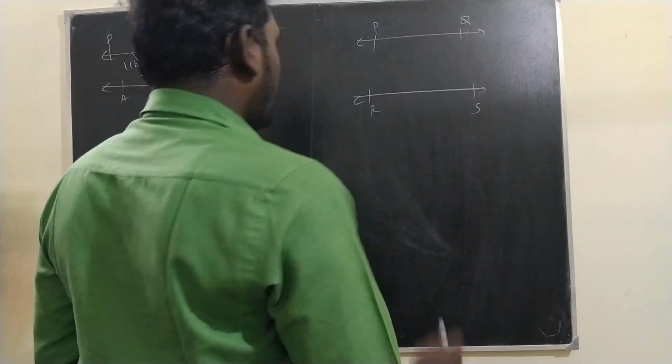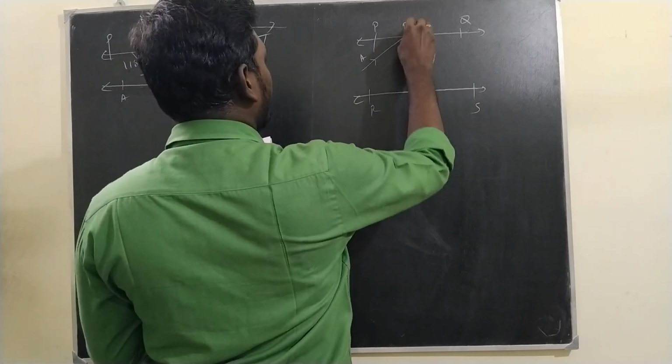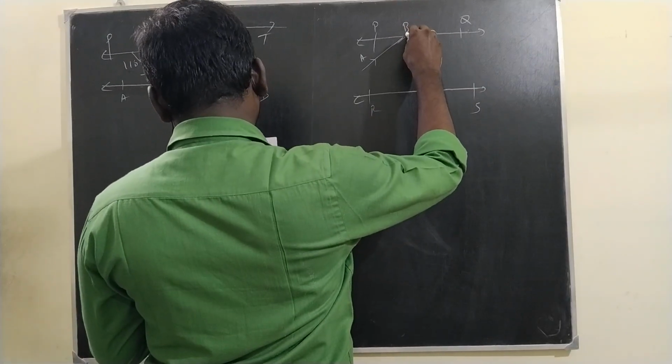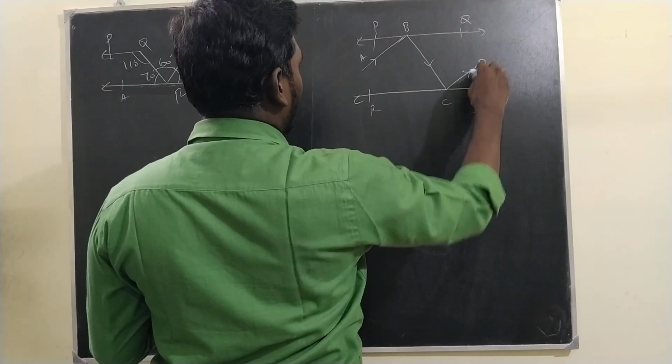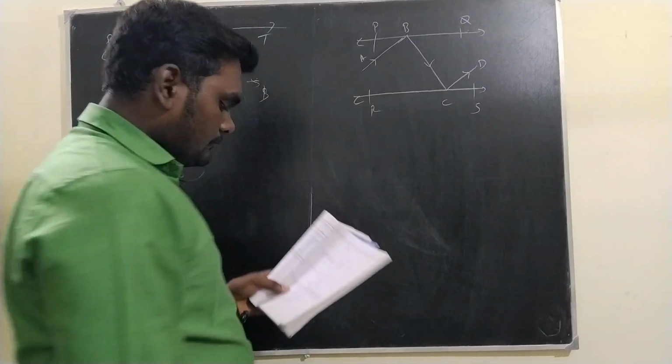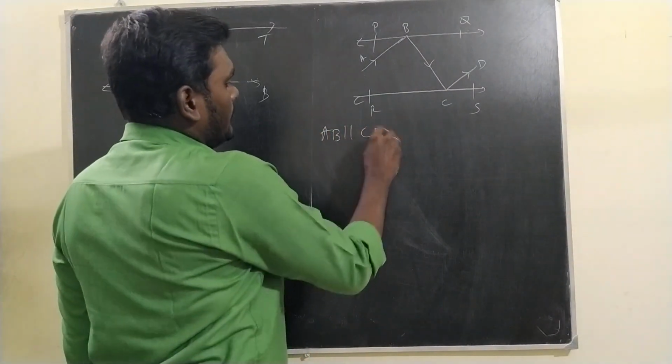PQ and RS are two mirrors. The initial ray passes through A, touches the mirror at B, and then reflects along C, and then it goes through D. Now we have to prove AB is parallel to CD.